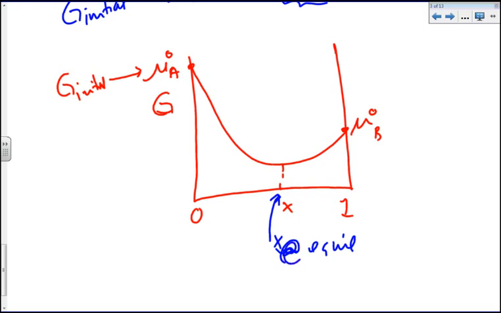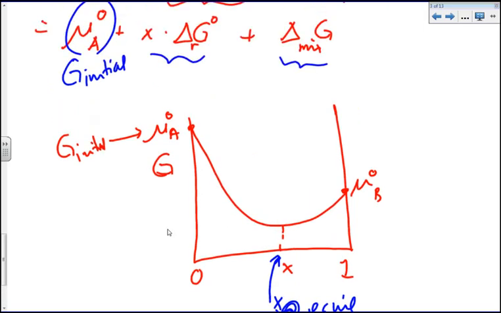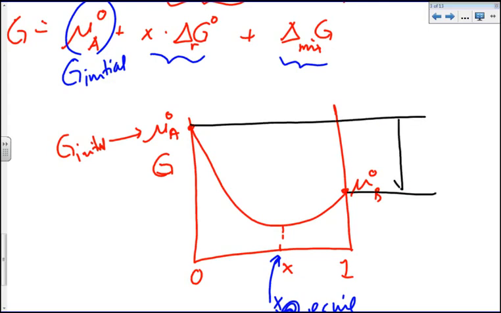Now, let's analyze this graph and compare it to our expression up here for G. If you look at mu naught A and mu naught B right here, if you take mu naught B minus mu naught A, this difference right here is really nothing more than delta G naught for the reaction.